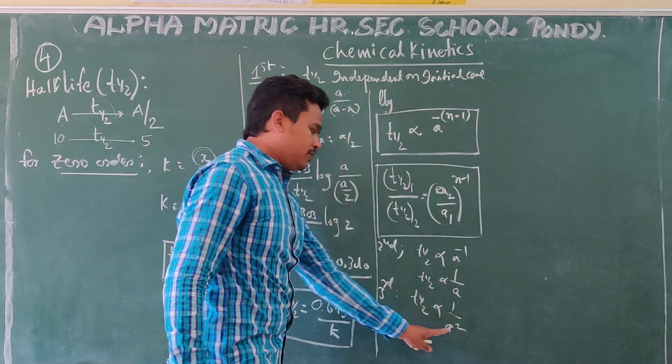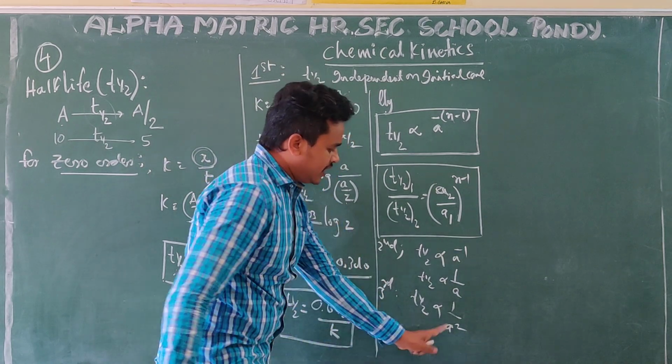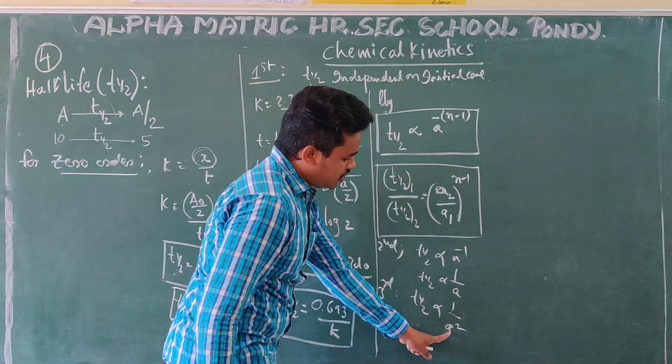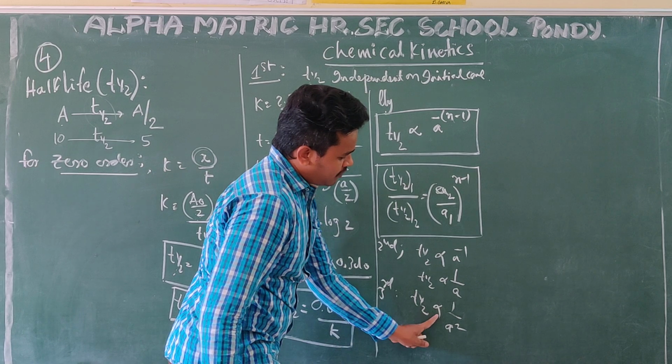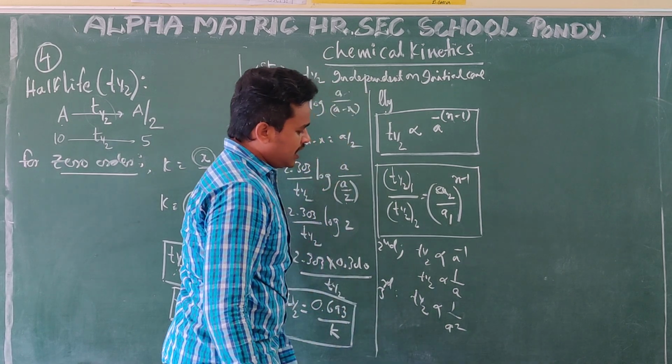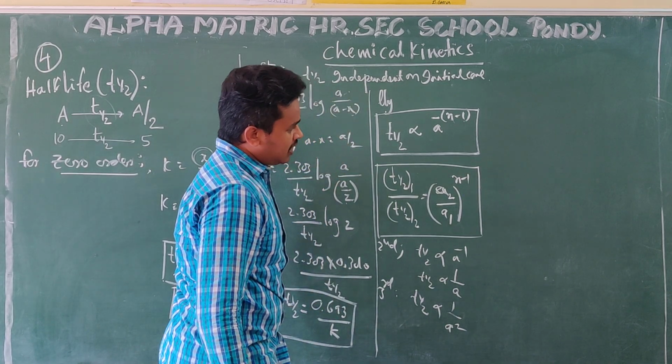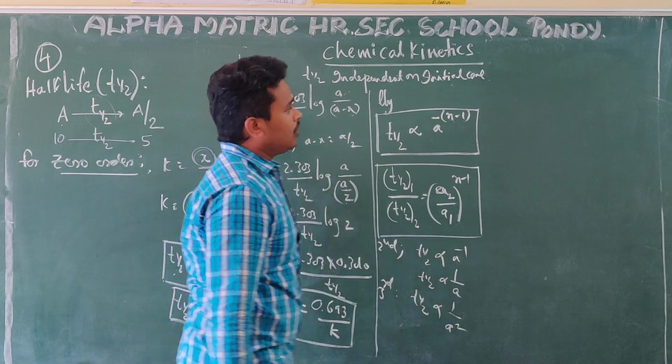So T half is inversely proportional to the square of the initial concentration.